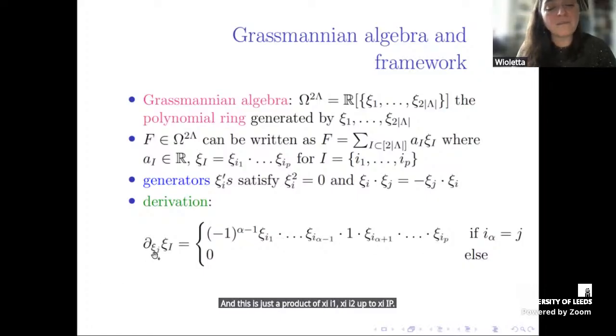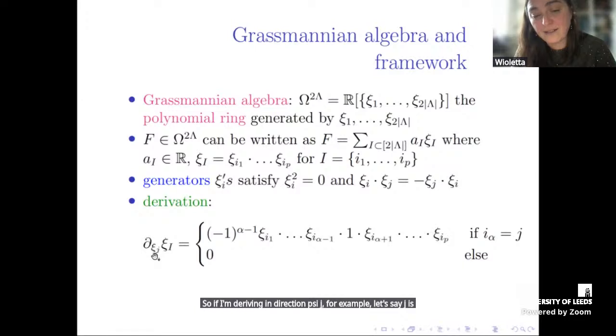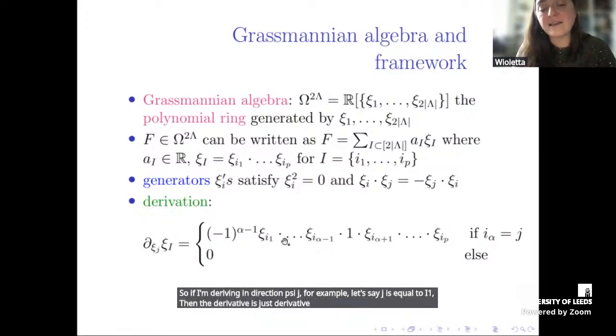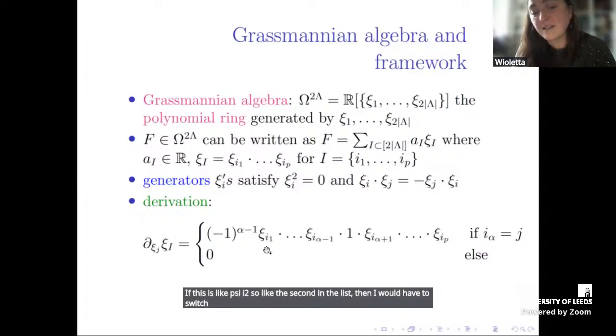So if I'm deriving in direction xi j, for example, let's say j is equal to I1, then the derivative is just xi I2 up to xi IP. If this is xi I2, the second in the list, then I would have to make one switch. So then the derivative would be minus, and then xi I1, xi I3, etc., xi IP.